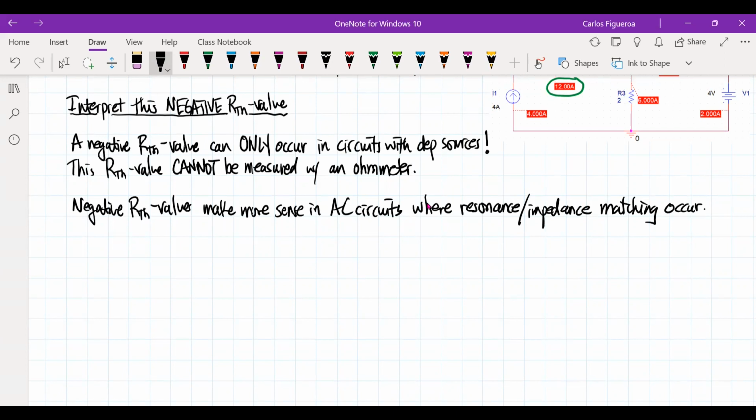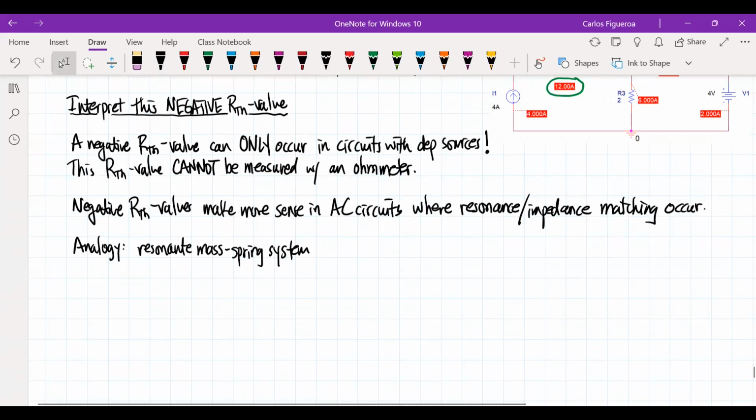So what I'm going to try to do here is see if I can make sense of it. And the way I'm going to do it is I'm going to use an analogy of a resonant mass spring system.